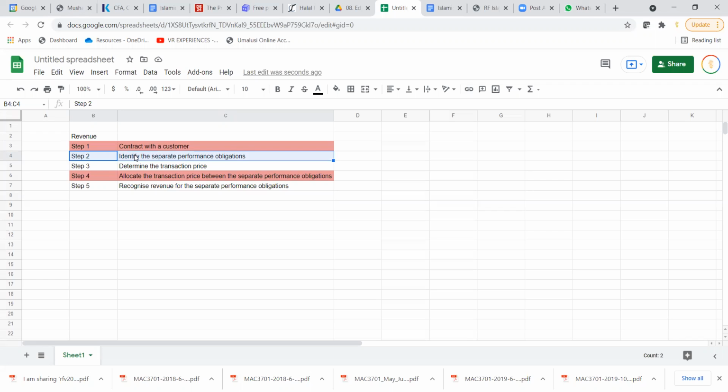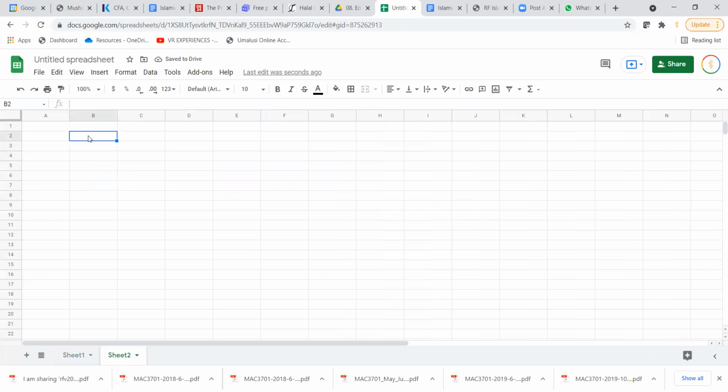Once you have identified them, only then can you determine the separate performance obligations. Because if you can't identify the different promises, then what are you going to use to determine separate performance obligations? So that's important. Let's deal with it over here.